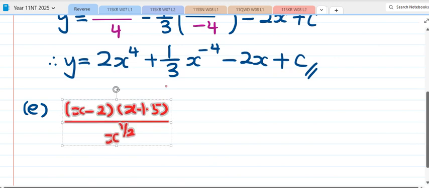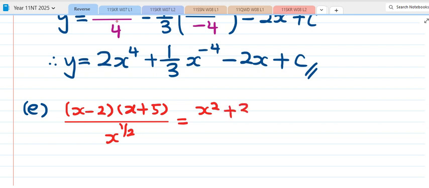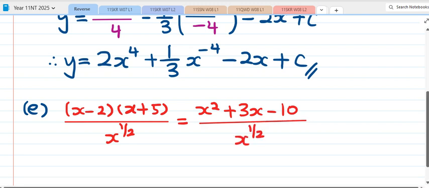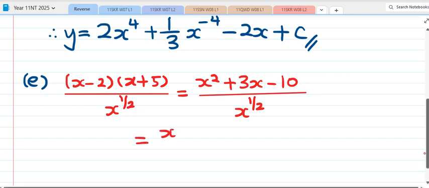Okay, much more simpler. So here, if you try to expand the numerator, x minus 2 bracket x plus 5 bracket, it will be x squared plus 5x minus 2x will be plus 3x minus 10, and everything here is over x to the power of half. But then here, we can split them up by writing down this as 3 fractions.